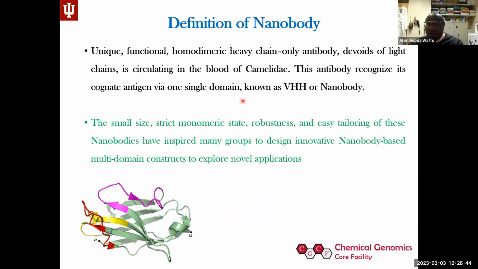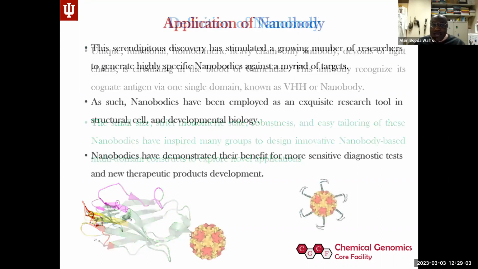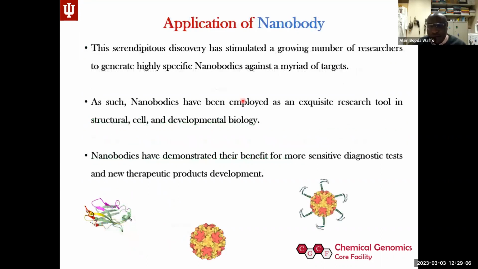It's a very small size, monomer, and robust. So we can tailor this and use the naive library of those animals to produce nanobodies with so many different applications, right?